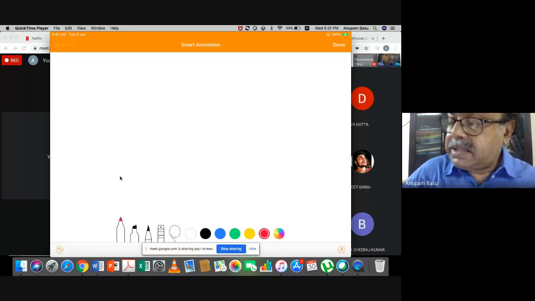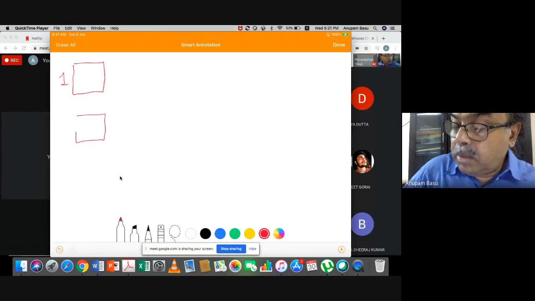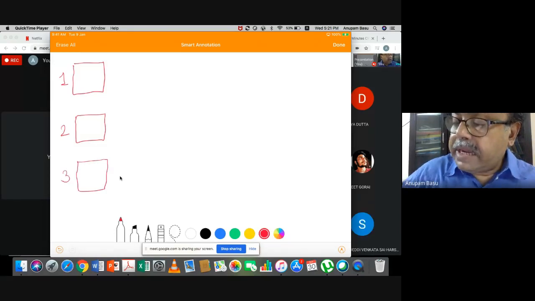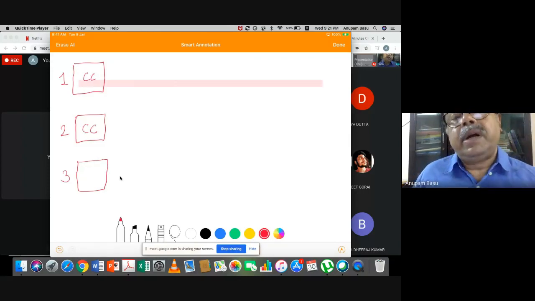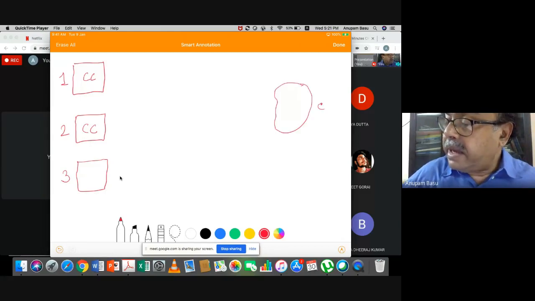Why did I say that? The reason is, say for example, roll number 1 is in this terminal, roll number 2 is in this terminal, roll number 3 is in this terminal. It may so happen that this roll number has given us CC, and at the same time, this roll number has also given us a CC command. And there is only one C compiler, actually a CC program.